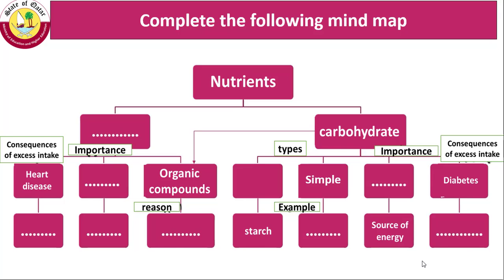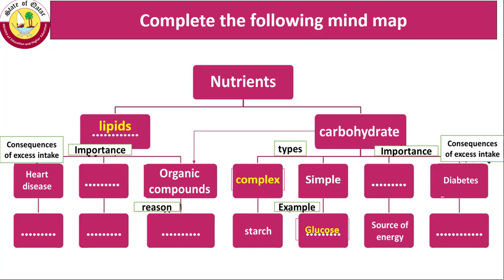Today we studied 2 types of nutrients, which are the carbohydrates and lipids. There are 2 types of carbohydrates, simple and complex. An example of complex carbohydrate is starch, whereas the example of simple carbohydrate is glucose.